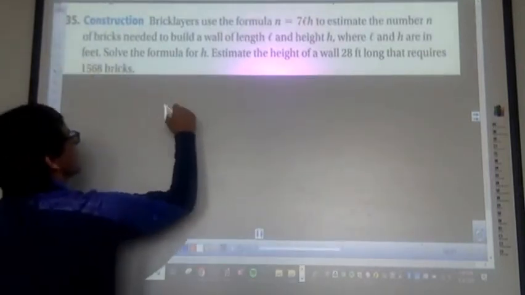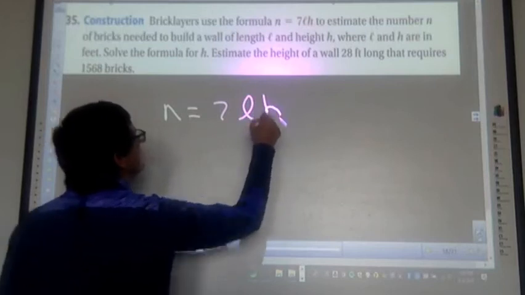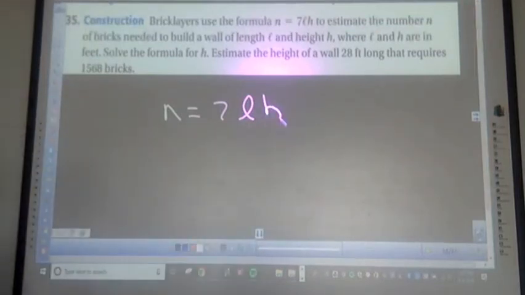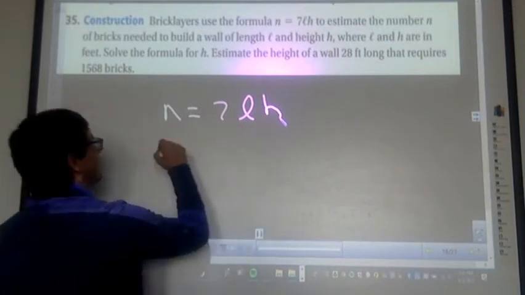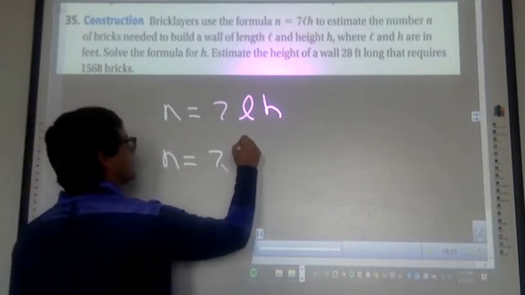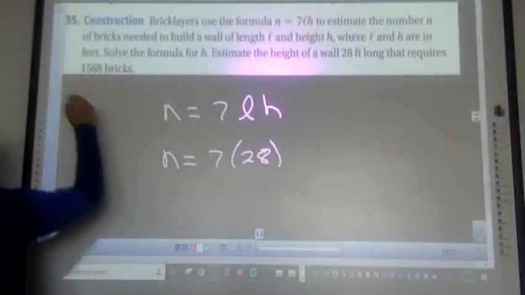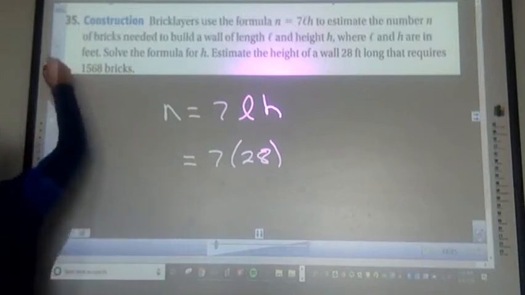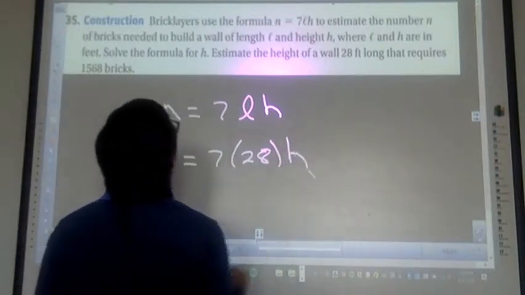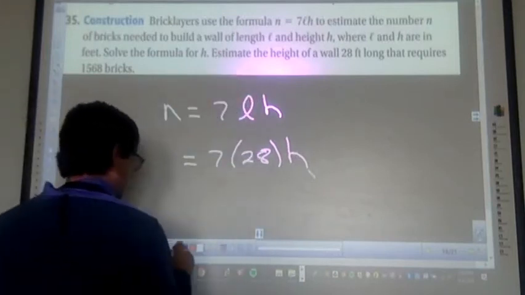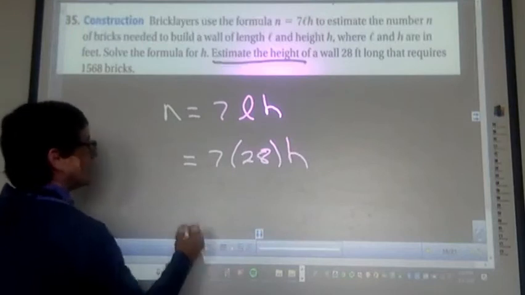Okay. First thing I'm going to do is write that equation. So bricklayers use that formula to estimate the number of bricks needed to build a wall of length L and height H, where L and H are in feet. Estimate the height of a wall that's 28 feet long, so that's L. So N equals 7 times 28. Actually, we have the number of bricks too. Times H. So we want to estimate the height right there.